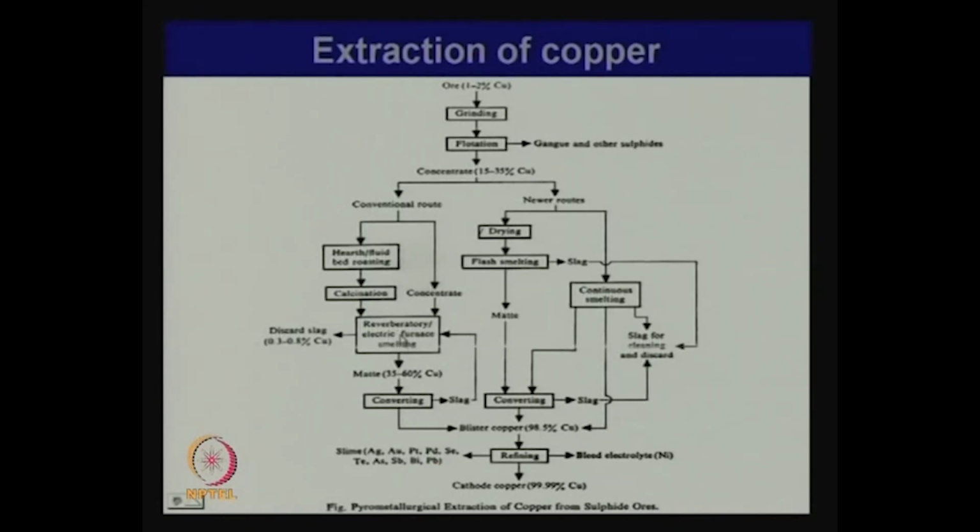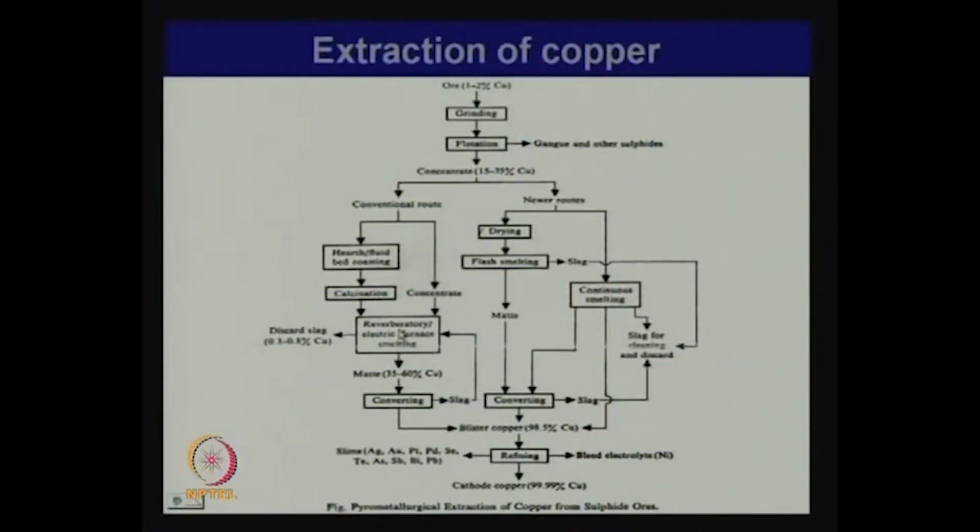In that slag, we will take the FeO that was created here, and some more of the iron sulphide that was left behind would also be oxidized, taken to the FeO stage, and we will try to remove as much iron as possible in the slag here. Essentially, we will be left with a matte, which is a mixture of copper sulphides and iron sulphides, with very little oxygen left, very little FeO left.